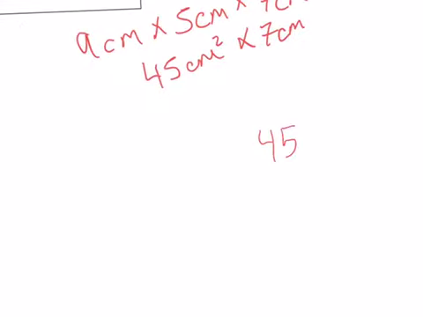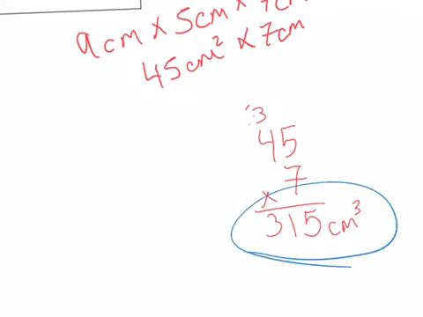I don't know my 45 times tables. 5 times 7 is 35. 7 times 4 is 28. 29, 30, 31. 315 centimeters cubed, okay? Always make sure you write the units, okay?